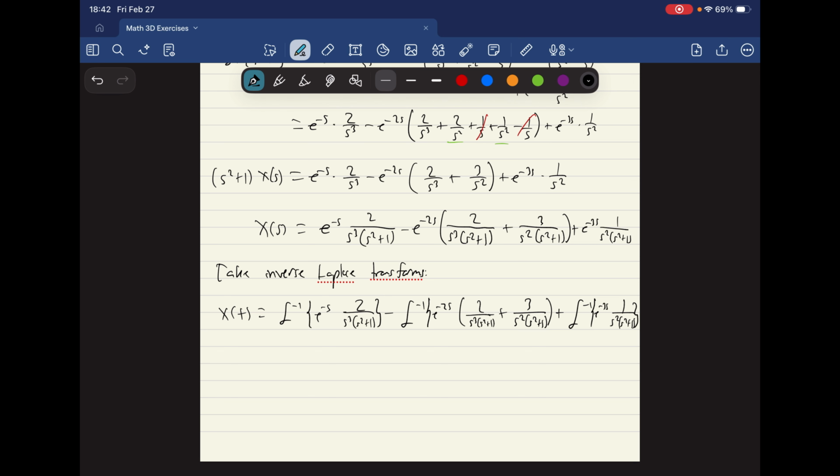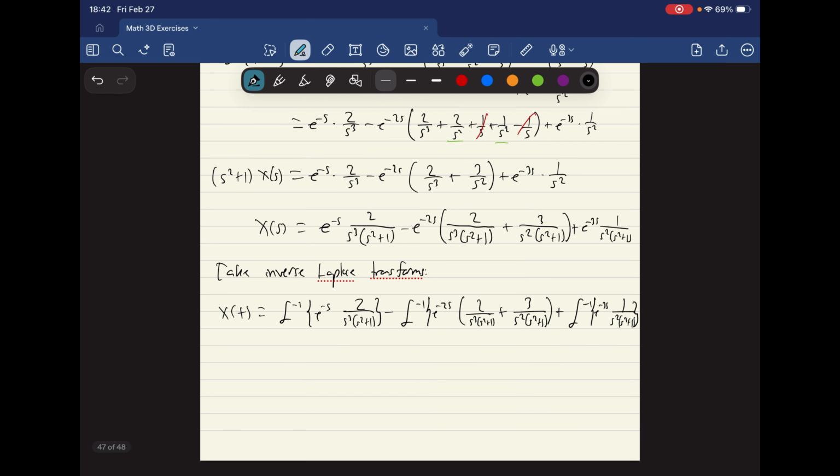Let's pretend for a moment that we found the inverse Laplace transform of 2 over s cubed (s squared plus 1).